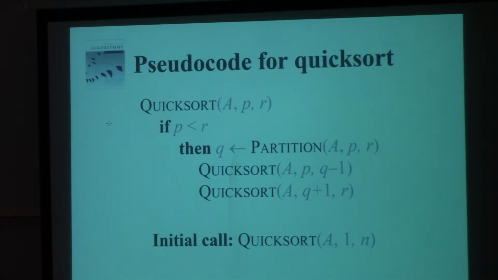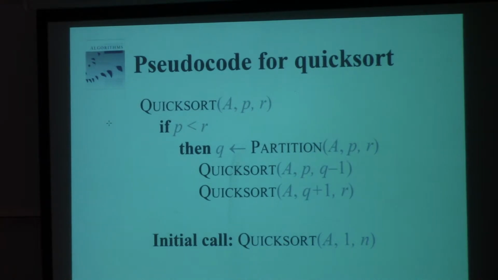You know, a recursive algorithm is like magic. Really, that's it. Because you see a lot more complicated code before. So the entire work actually is being done where? Which part of the algorithm is doing all the work? Partition. Partition is doing all the work. So, what is the cost of partition again? Theta n.